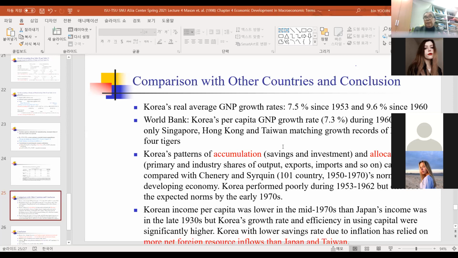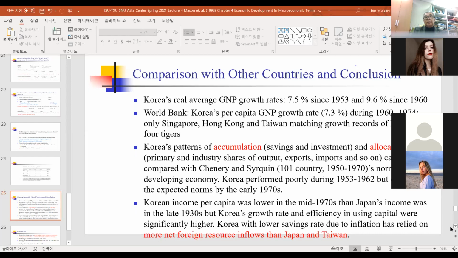Korea outperformed the 101 country average. You can check with the textbook version of the Chenery Sirkin table.